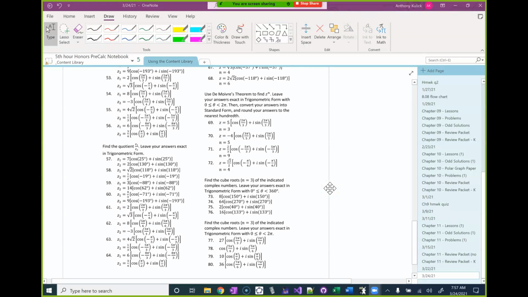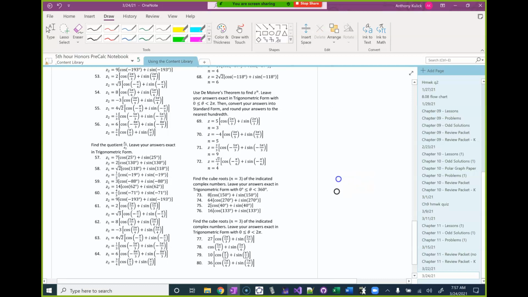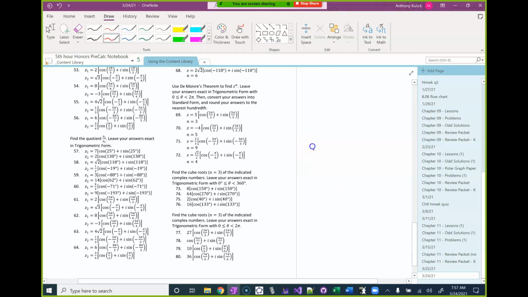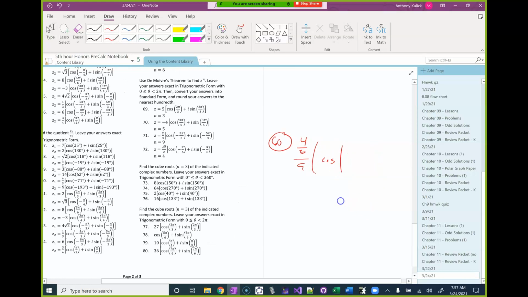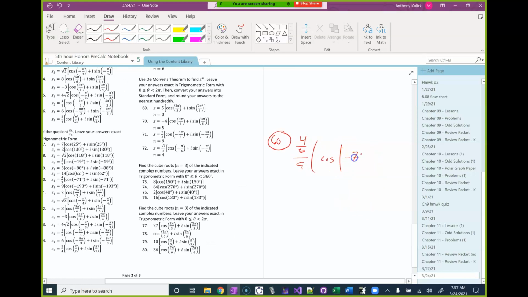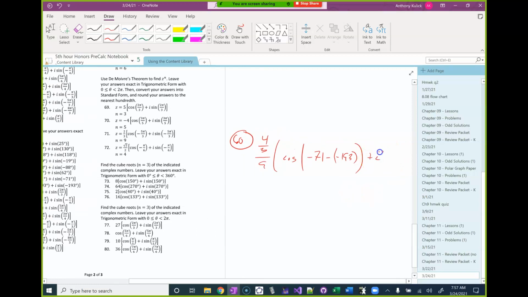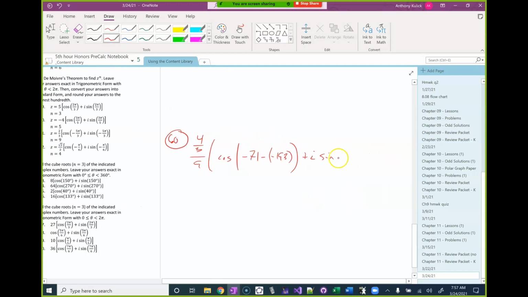Okay, so 60, the directions say leave your answer in trigonometric form. Yeah. For that one. Okay. So like, all you really need to do, you have 4/3 divided by 9 times cosine of -71 minus -193 plus i sine -71 minus -193.